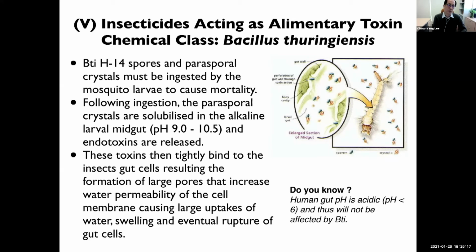When the toxin is released, it binds to the insect gut cells and forms a large pore that increases water permeability across the cell membrane, subsequently causing a large uptake of water. If you look under the microscope, it ruptures the gut cells, and you see the larvae get killed.